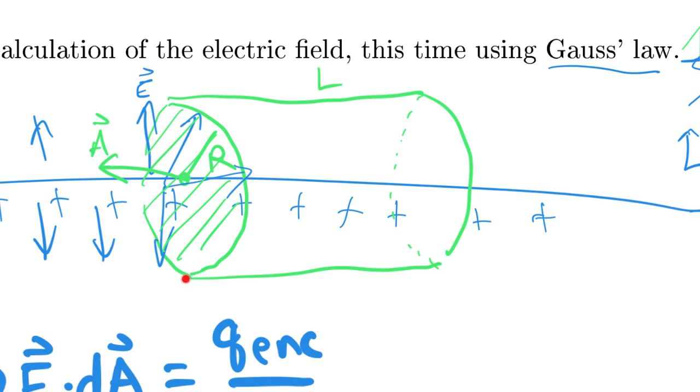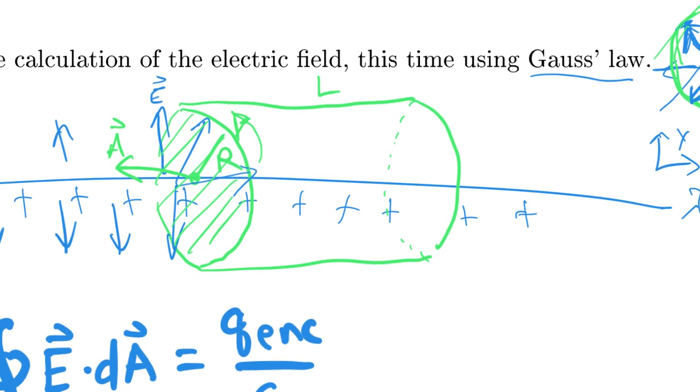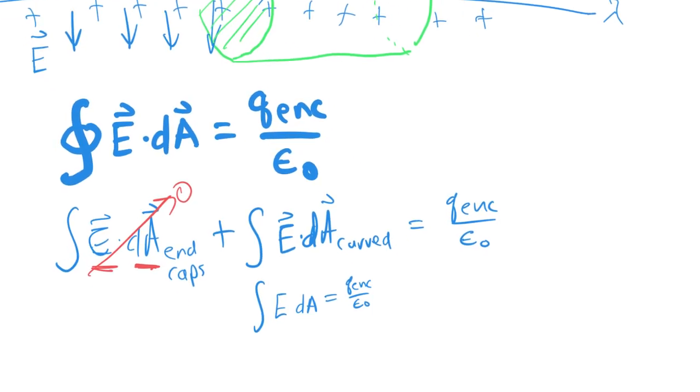Or you could spin the whole thing around the radius by some angle theta, and everything would look the same. So basically what I'm trying to say is that there's cylindrical symmetry here, and that means that the electric field everywhere on the curved part of the surface is going to be the exact same magnitude. That's something you can convince yourself of too if you think about the symmetry.